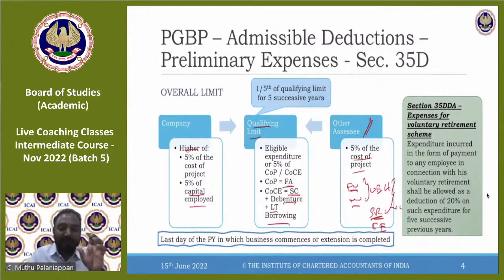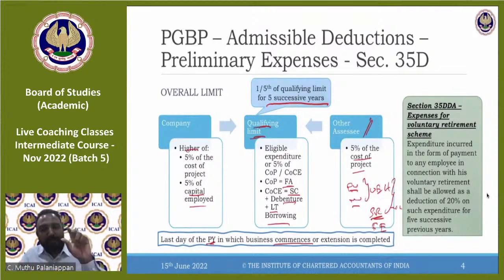Once you arrive at this qualifying limit, that amount will be split over 5 years, so you will be claiming 20% every year for 5 years. The values of fixed assets, share capital and so on are taken as on the last day of the previous year in which the business commences or the extension is completed.